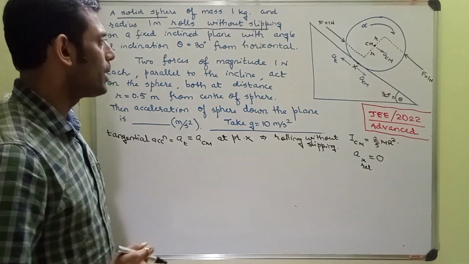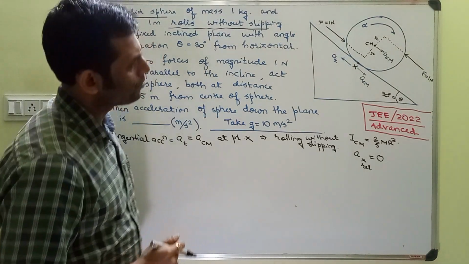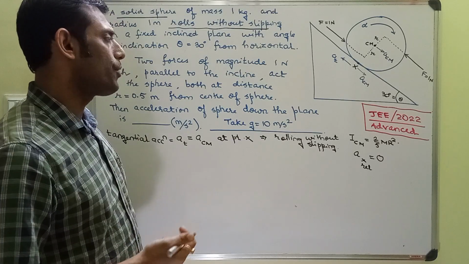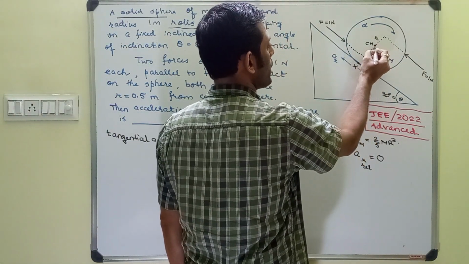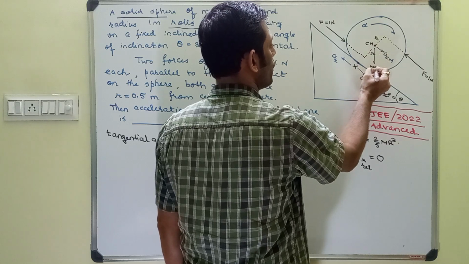Now, to get into the question, we need to calculate this acceleration of the center of mass. What are the things that are acting here? This entire thing has a mass, has a weight, and that weight is acting in the vertically downward direction.